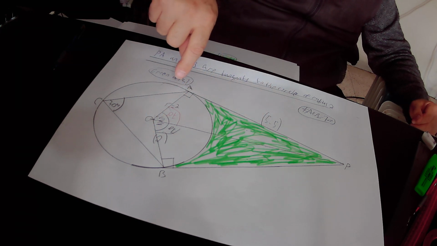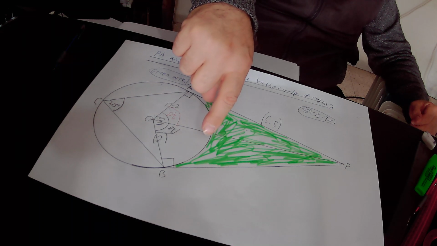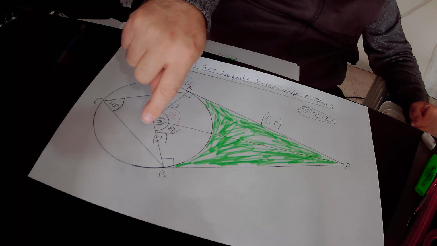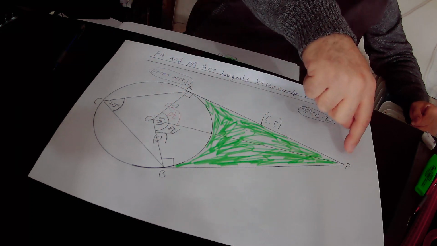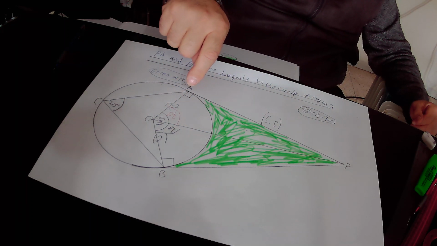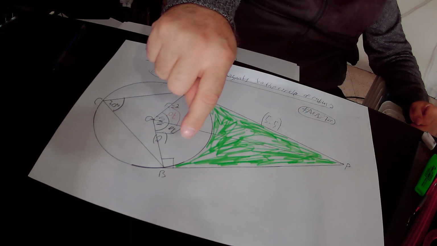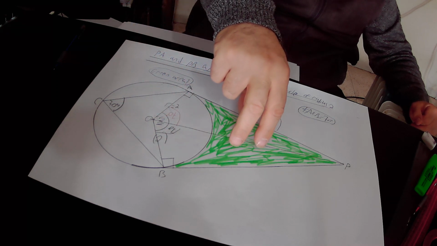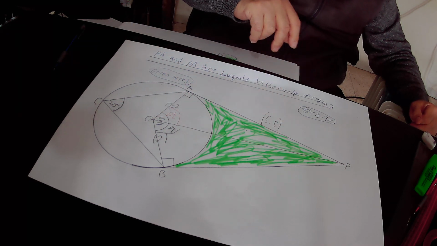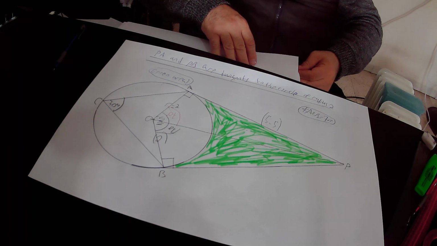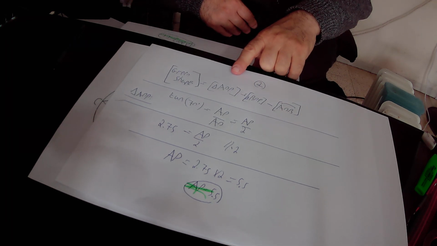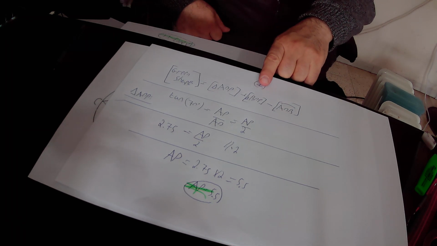Again, the sum of the areas of those two right triangles will give us the area of this quadrilateral AOBP, and when we subtract from the area of this quadrilateral APBO the area of this sector AOB, we get the area of this green shape. The area of the green shape in total equals the area of the right triangle AOP plus the area of triangle POB.